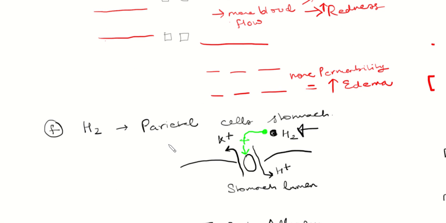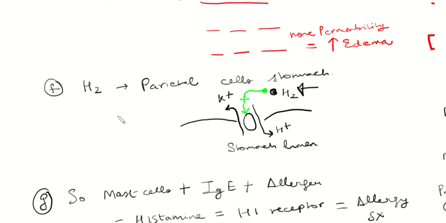The other receptor is the H2 receptor in the stomach. So the parietal cells in the stomach have the H2 receptor, which gets stimulated. What it does is positively stimulate production of the proton, which is the hydrogen ion, and it pumps that proton into the lumen of the stomach.